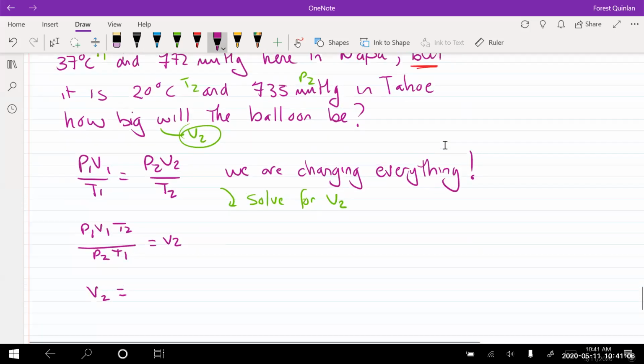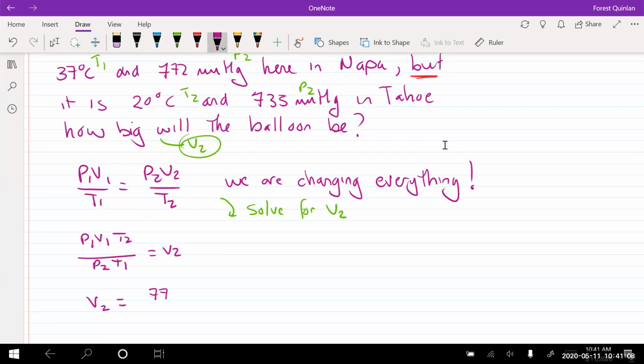Our P1 was 772. Sorry, it's T1 and P1. There we go. So we have our P1 of 772. We have our V1 of 5 liters.